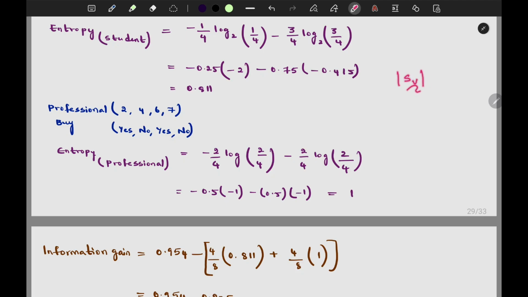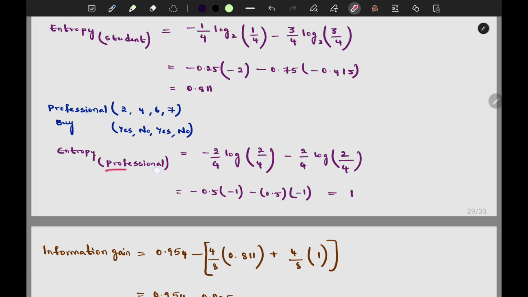Here in the formula we are having something like this, mod of SV divided by mod of S. Which means the number of persons in the type label that are students divided by overall. Like 4 people are students, but overall I'm having the combination of student plus professional, which is 8. So which is nothing but 4 by 8, 4 by 8 into entropy of student.